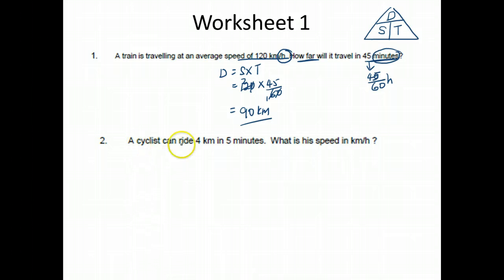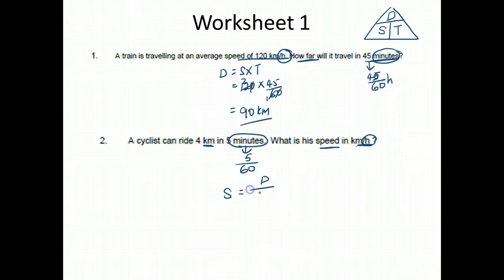Question 2. A cyclist can ride 4 kilometers in 5 minutes. What is his speed in kilometer per hour? So now we know that this is kilometer. However, the time is different. So we have to change the minute to hour. From minute to hour, we divide. So it's 5 divided by 60. We want to find the speed.